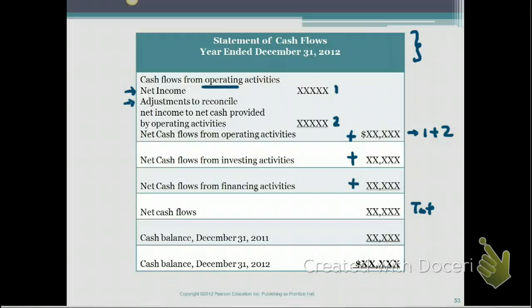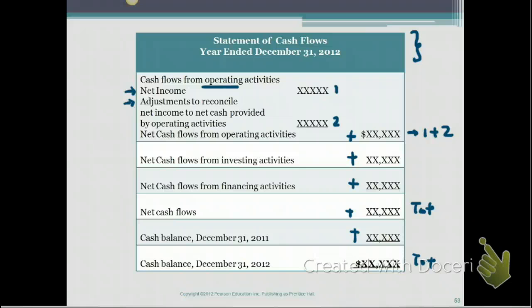You would add your net cash flows to that cash balance to come up with your cash balance at the end of the current year, December 31st, 2012. That is how much cash you had in the beginning of the year plus what you generated in the current year.